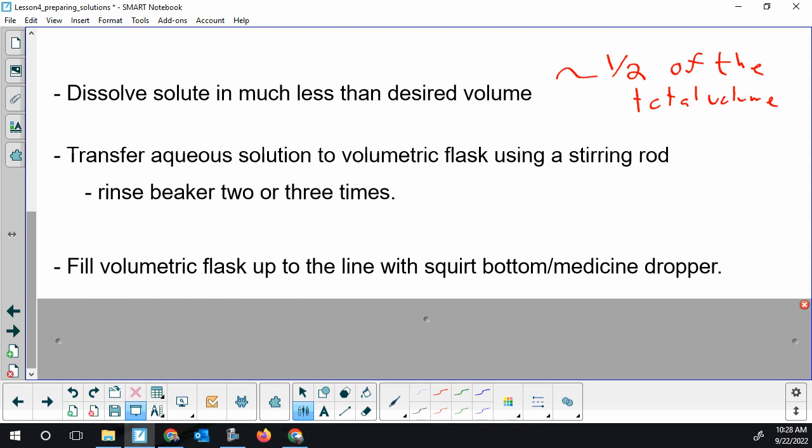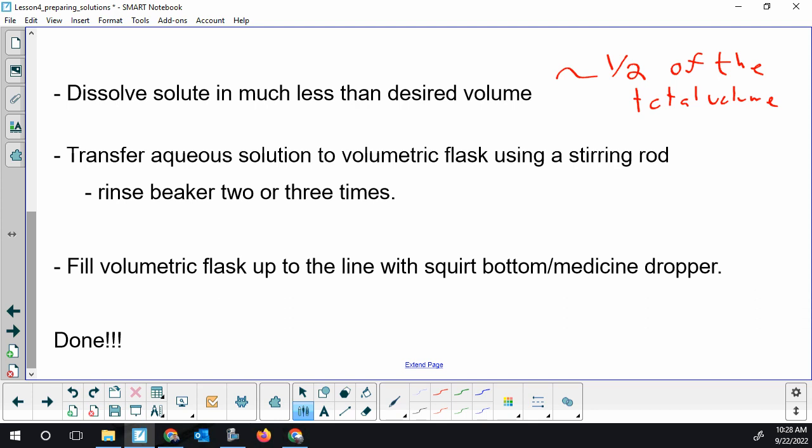You're not going to be able to pour and get the bottom of the meniscus right at that line. With an eyedropper, you can go drop by drop or even half a drop by half a drop at the end to be careful. Once you get to that line, you are done.